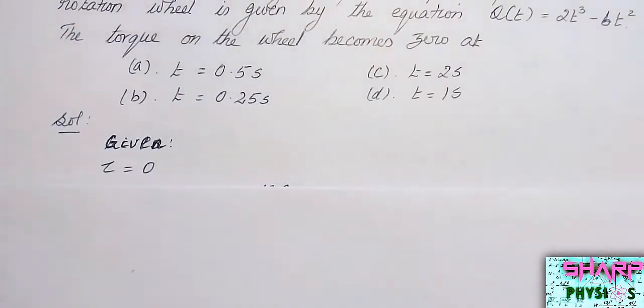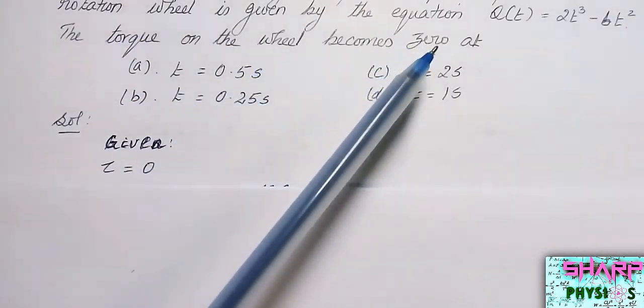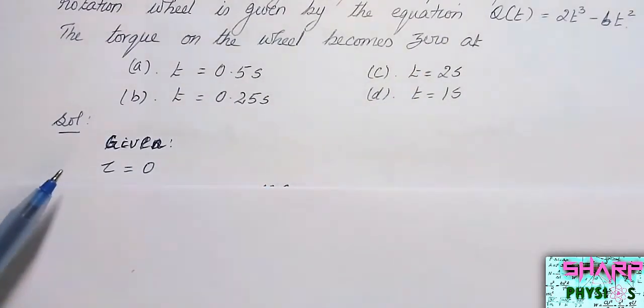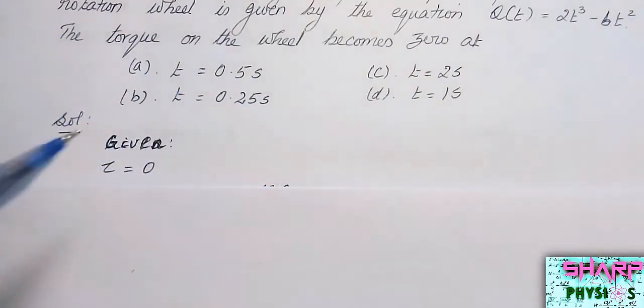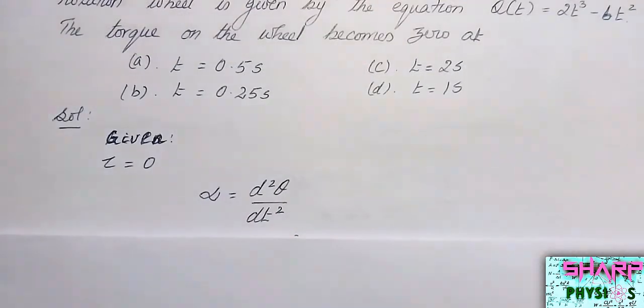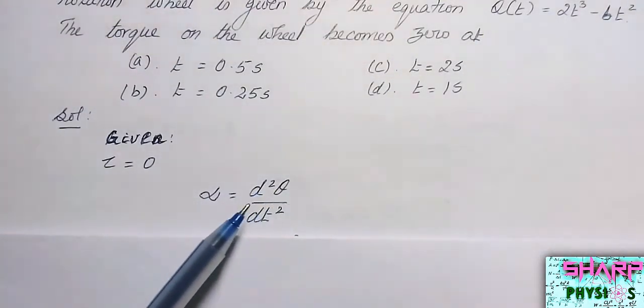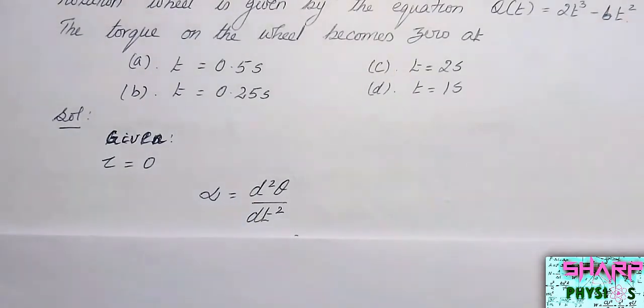So we have to calculate at what time the torque is going to become 0. So torque is equal to 0. Angular acceleration alpha is equal to d square theta divided by dt square.